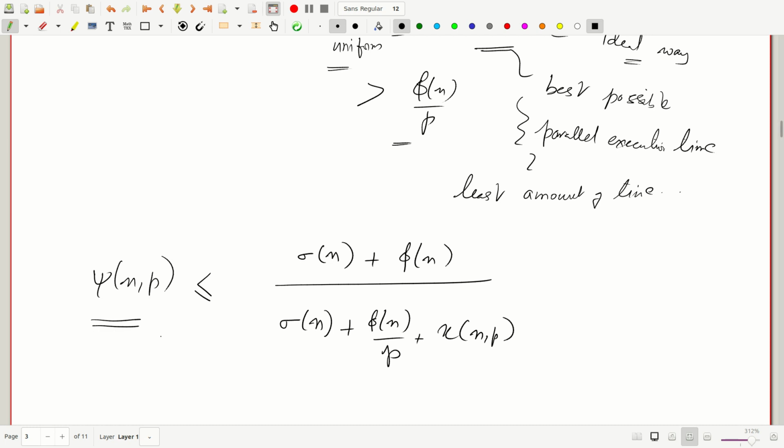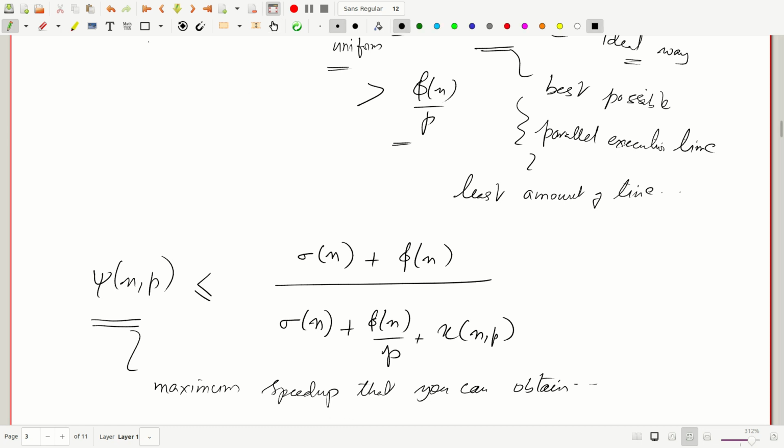So this is the maximum speed up that you can obtain from your program. And if you analyze your program for the sequential part and for the part that can be run in parallel, and if you know these things, you could always calculate psi of n, p, right, which will give you the maximum speed up possible.